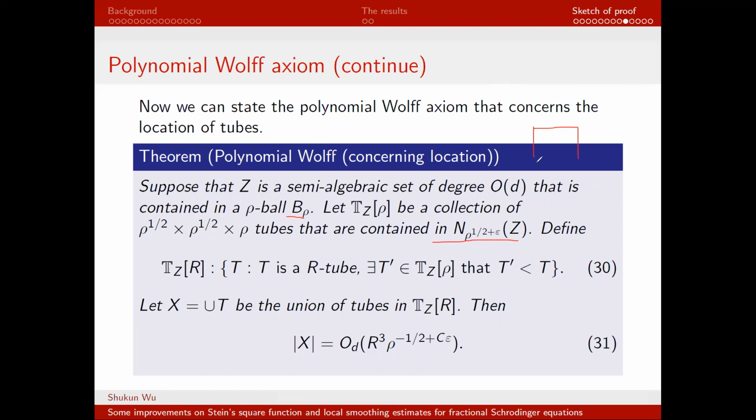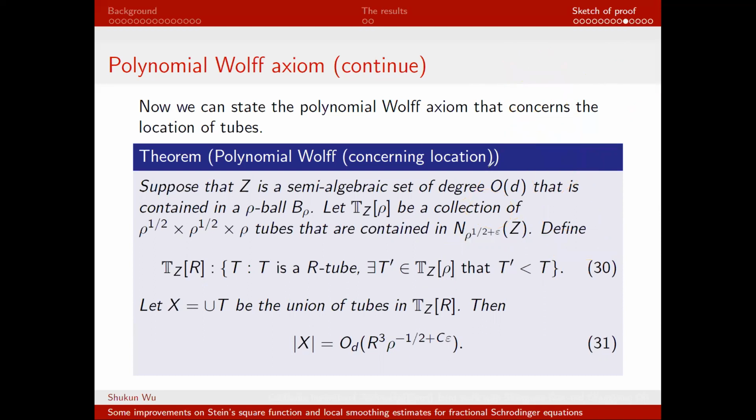Suppose that this is Z, and this is the same neighborhood of Z, and these are some small tubes. And we consider all those larger tubes that look like this. So a larger tube T belongs to T_{Z,R} if and only if there is a smaller tube T prime in T0 such that T prime is smaller than T.